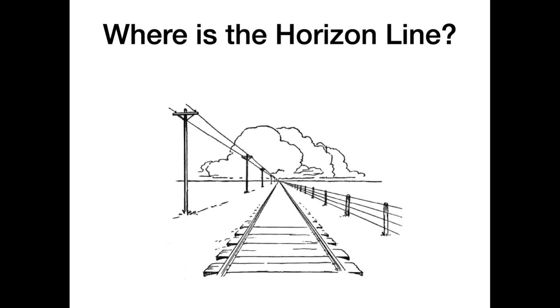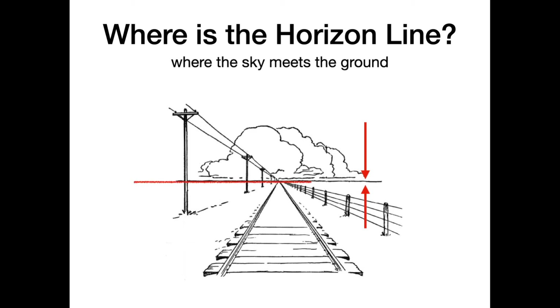So I want to recap some of the more important terms that you absolutely must understand here. Where is the horizon line? Do you remember? Where is it? It is where the sky meets the ground and where objects will disappear out of sight. It is continuous. Even if you go indoors and the walls are in the way, the horizon is still there.